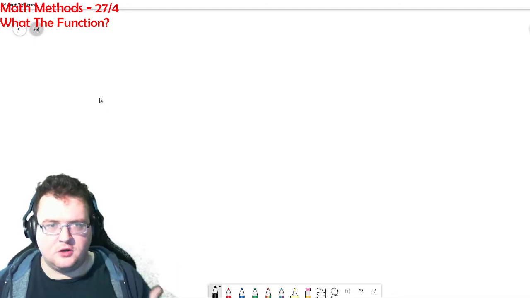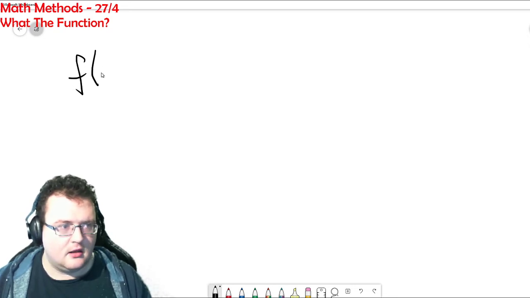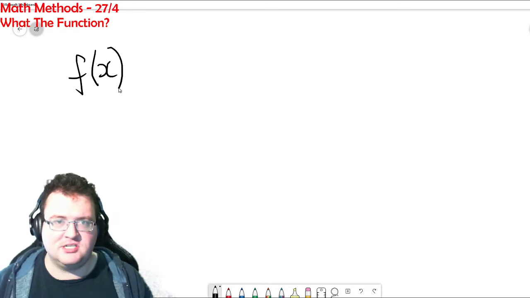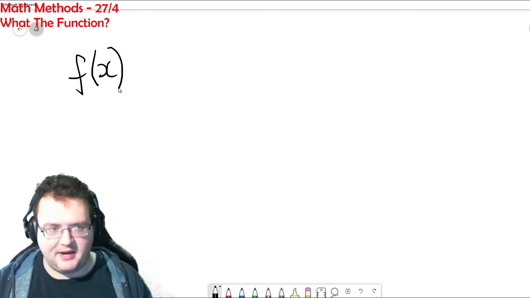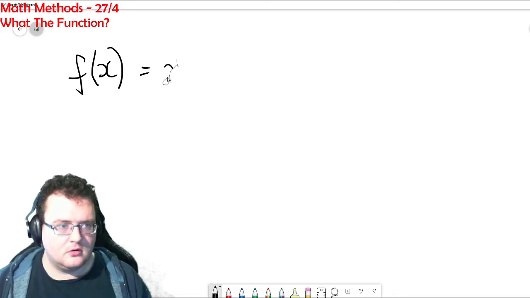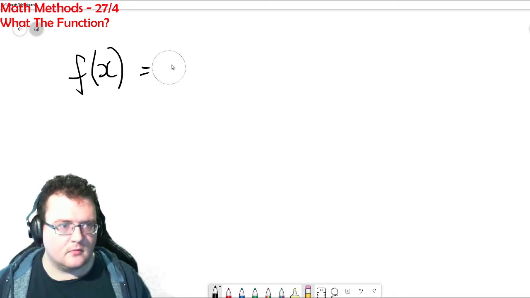And so to do that, instead of saying y, we start saying f of x. And what that means is the function with respect to x is equal to, say, for example, x squared.